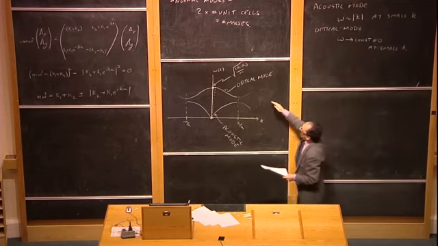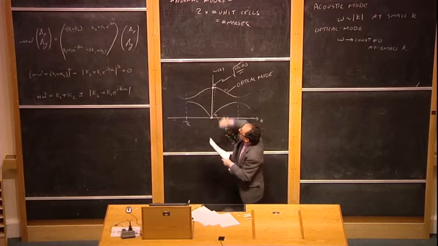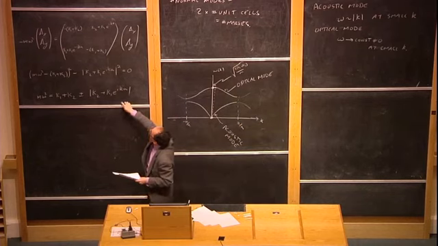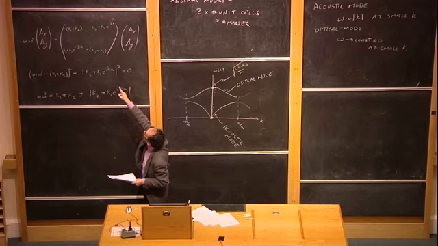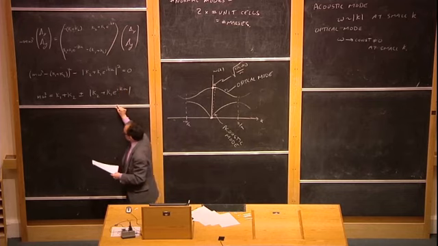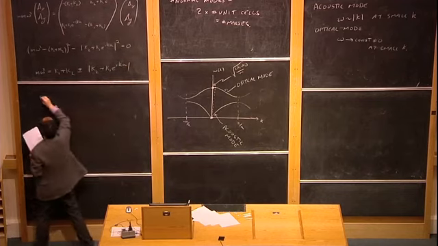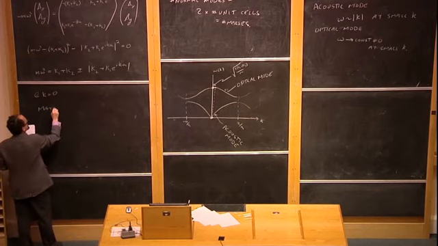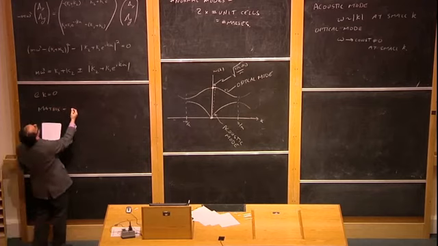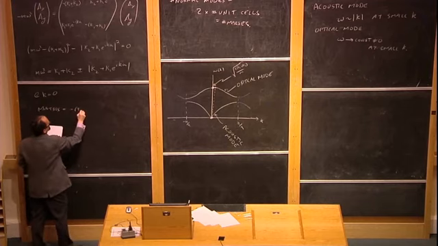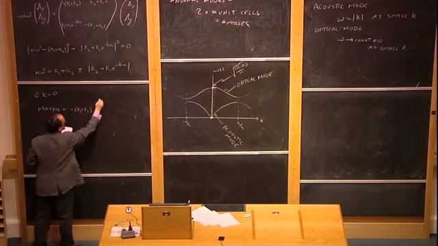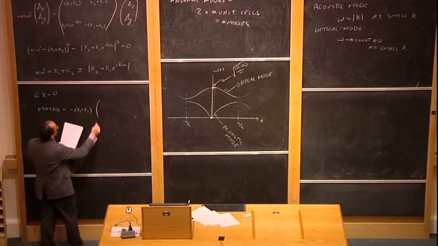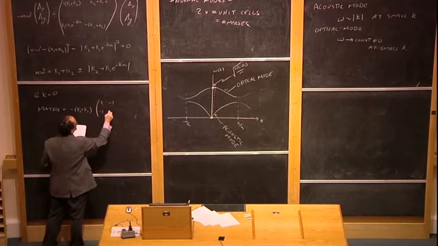So we found the eigenvalues, the frequencies, but let's look at the eigenvectors. The matrix we're actually diagonalizing is that big matrix there, and let's look at it at k equals 0. At k equals 0, the matrix we're interested in is of the form minus kappa 1 plus kappa 2 times the matrix 1, minus 1, minus 1, 1.